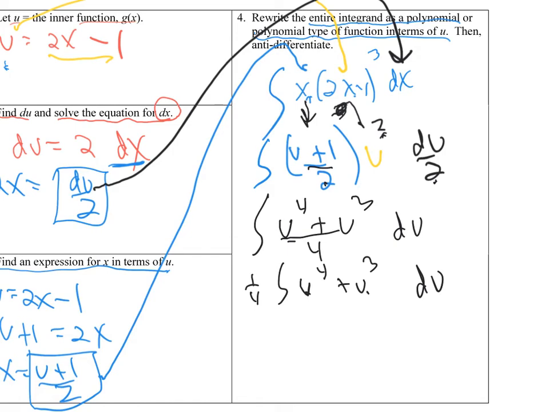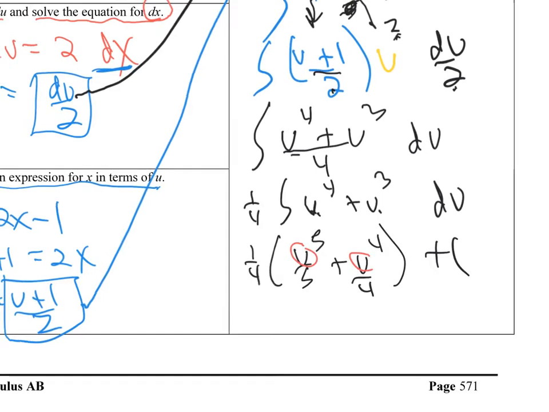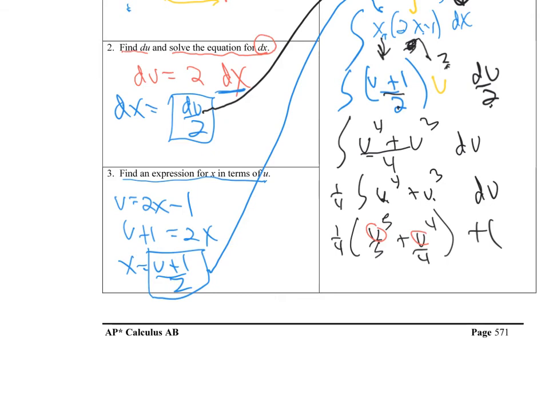Integrate each of these separately. That gives me 1/4 times (u to the 5 over 5 plus u to the 4 over 4) plus c. Aren't you happy? But what was u? We have to put the x's back in. U was equal to 2x plus 1.